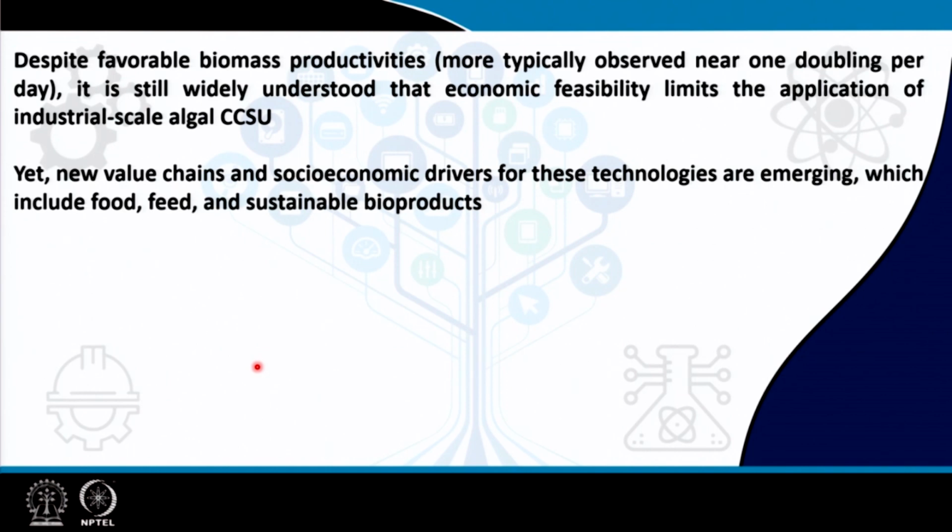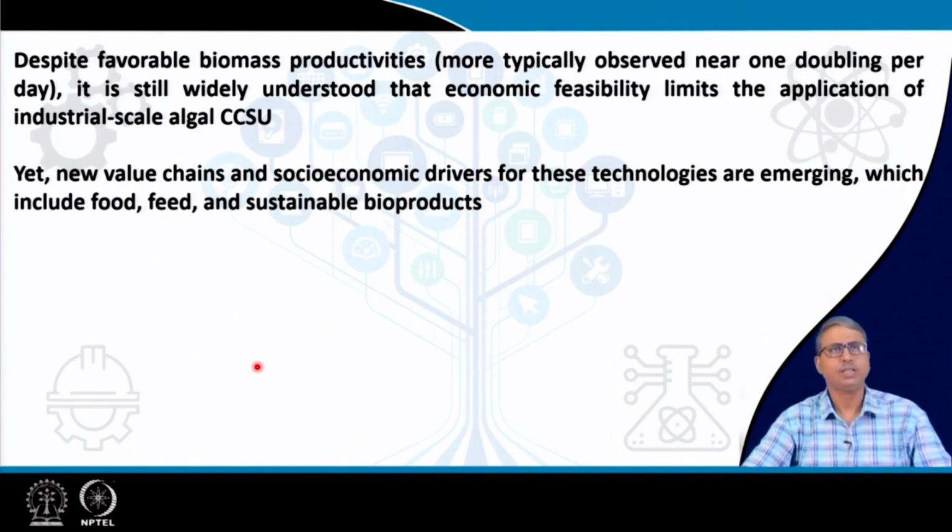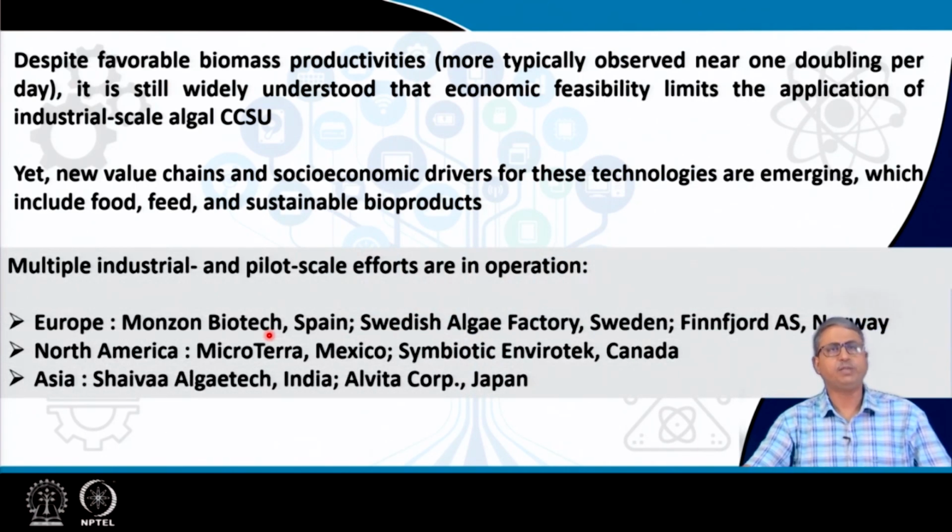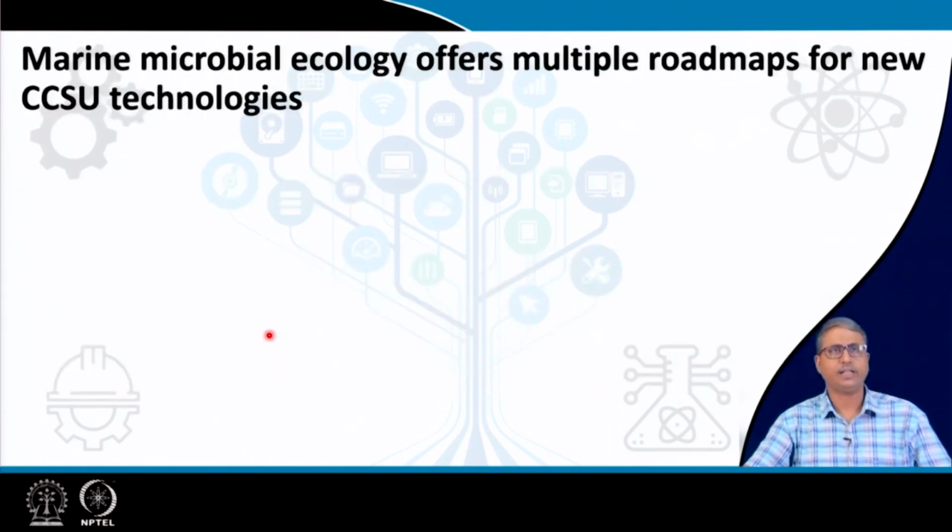Despite the favorable biomass productivities, it is still widely understood that economic feasibility limits the application of industrial scale algal CCSU. Yet new value chain and socio-economic drivers for these technologies are emerging, which include food, feed and sustainable bioproducts, particularly from marine organisms. Multiple industrial and pilot scale efforts are in operation, particularly with respect to marine carbon sequestration and utilization, including in Europe, North America and Asia.